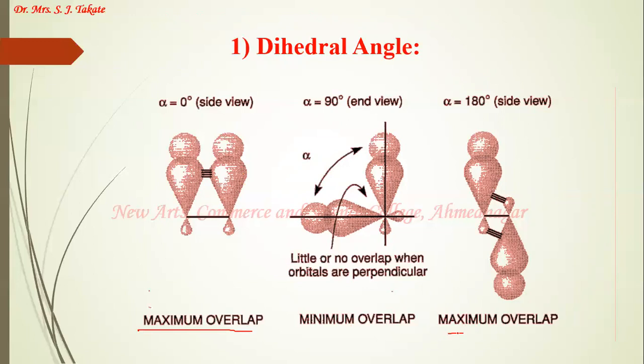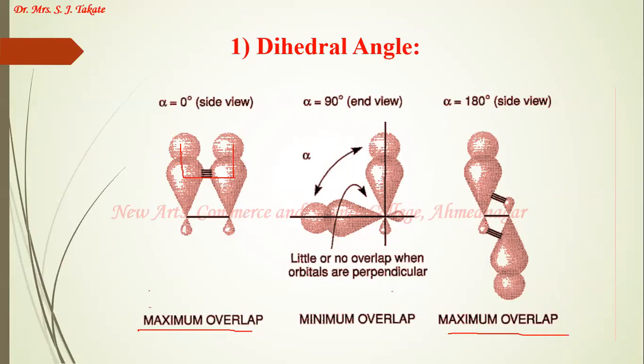And due to this maximum overlap, the nuclear and electronic spin information can be transferred from one orbital to the other orbital, that is from one nucleus to the other nucleus. So spin information transfer can occur effectively if the dihedral angle is 0-degree, and even if it is 180-degree.